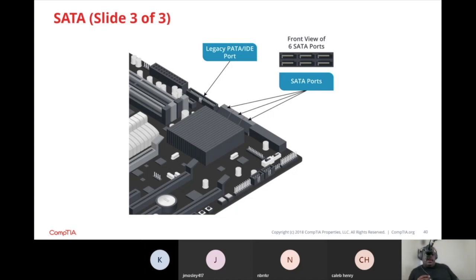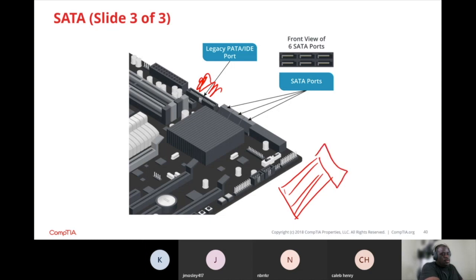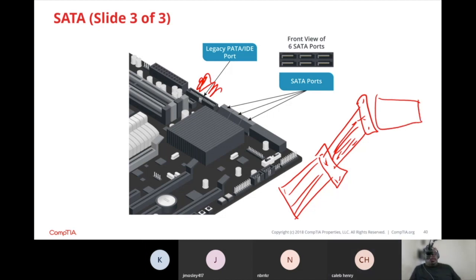Now these over here, those are the legacy PATA or IDE ports. So remember when I told you about that, the PATA ports were like that, meaning that one drive had to be the slave and the other one had to be the master in order for you to use two.